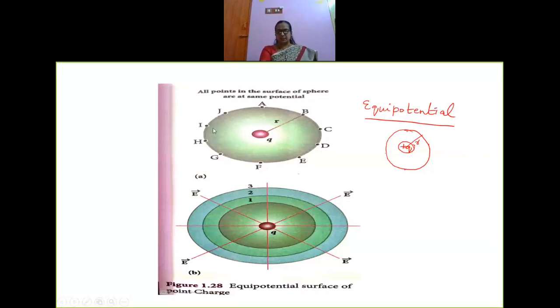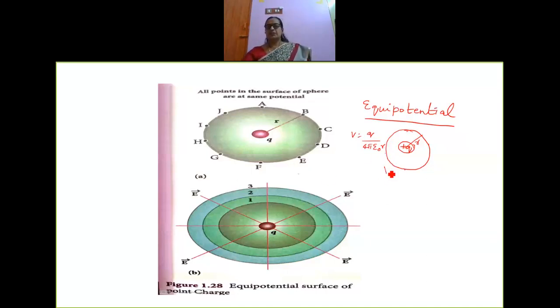Now when we talk about the potential at these points, we know the formula for potential due to a point charge. What is the formula, children? V is equal to Q by 4 pi epsilon naught r. So when we talk about the potentials at each point of this sphere, the potential remains the same.